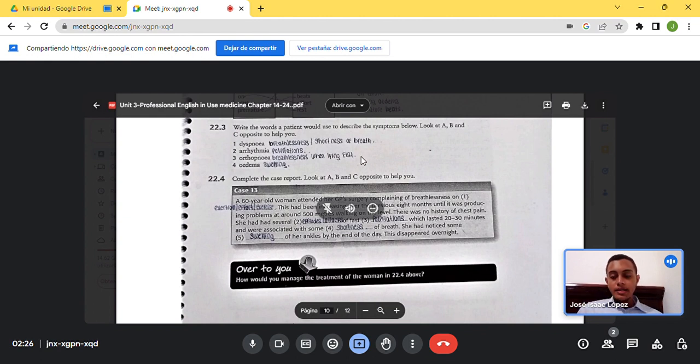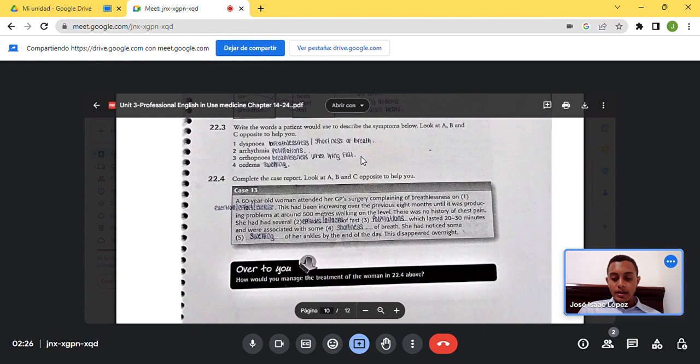Okay, number one is dyspnea. Dyspnea is related to breathlessness and shortness of breath. O sea, eso es básicamente poca respiración, respiración pobre. Next is arrhythmia.